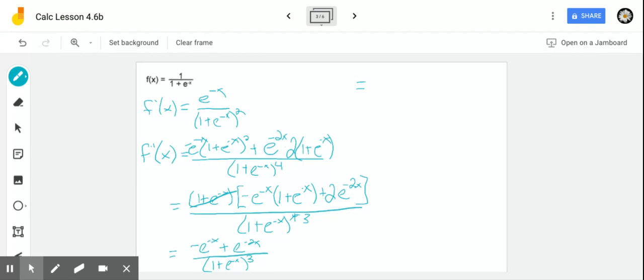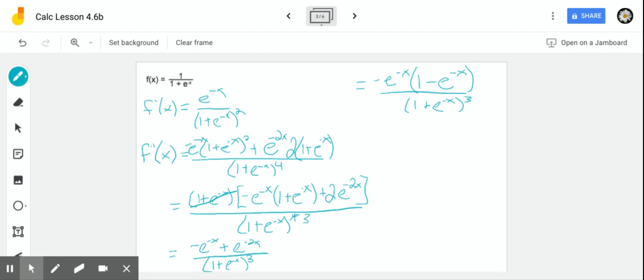All right, pop back up here. I think I'm going to factor out a negative e to the negative x, which will leave me with 1 minus e to the negative x, since I factored out a negative, all over 1 plus e to the negative x cubed.